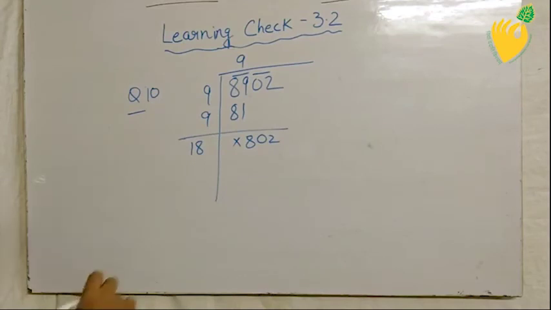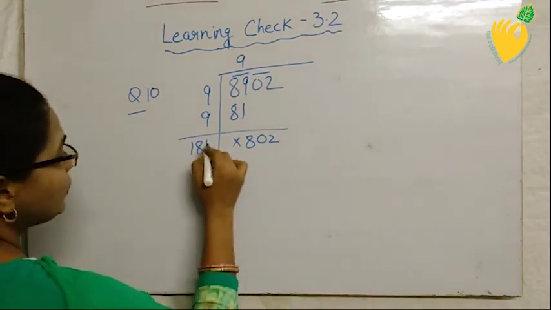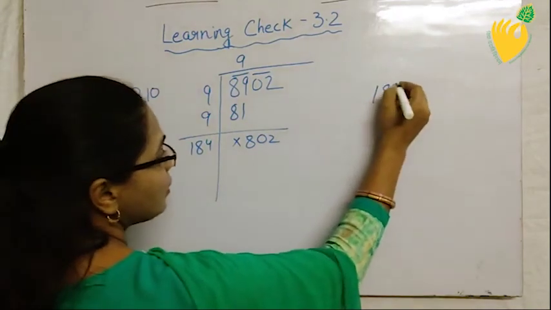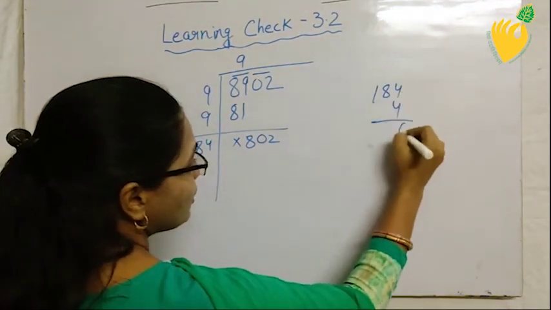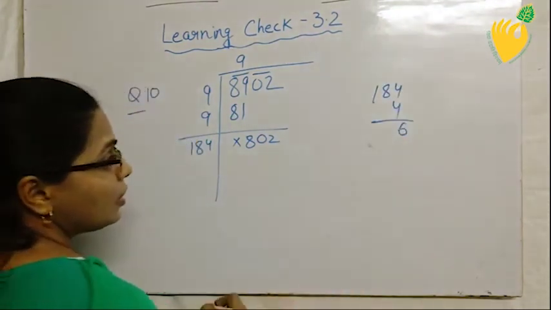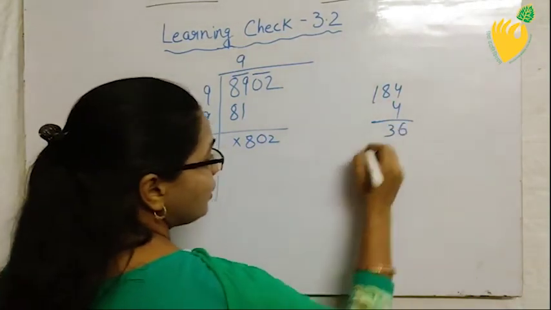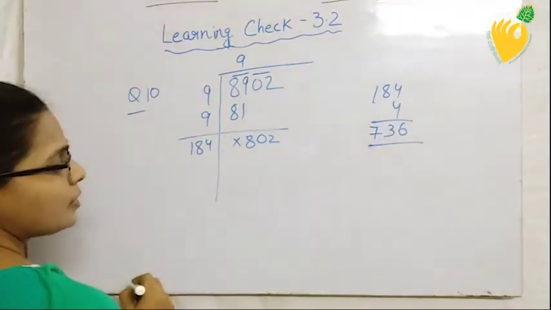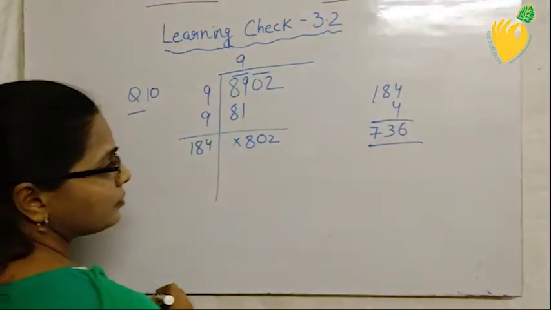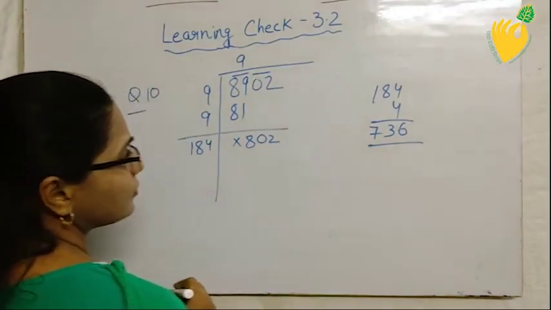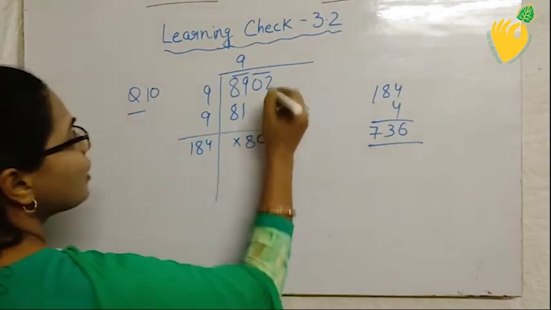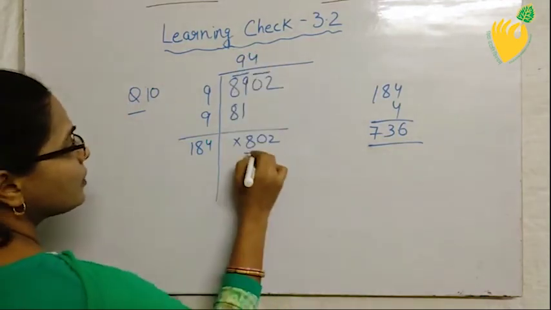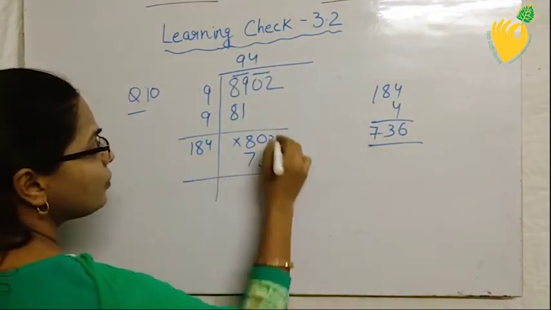Now students, how many times will it go? I think 4 times. Let's check here in the rough. 4 4 is 16, 4 8 is 32, and so on, 736. Now 4 times 736.